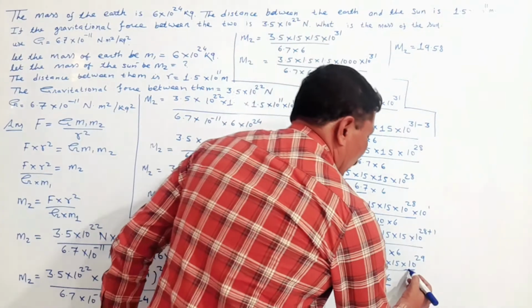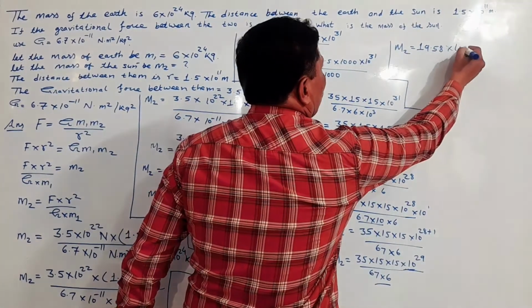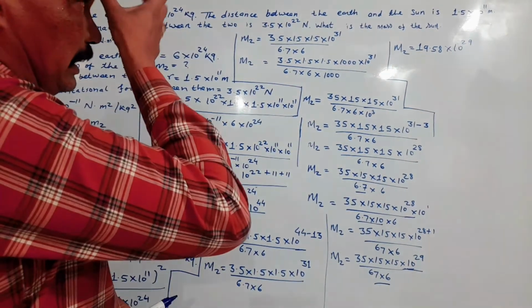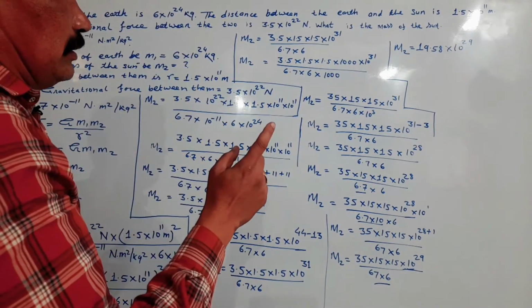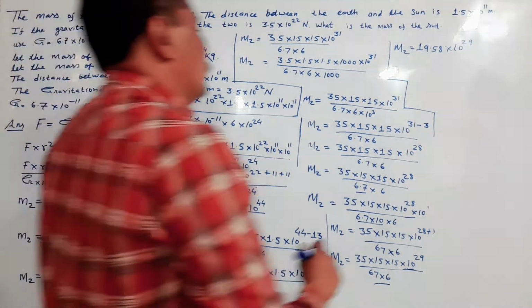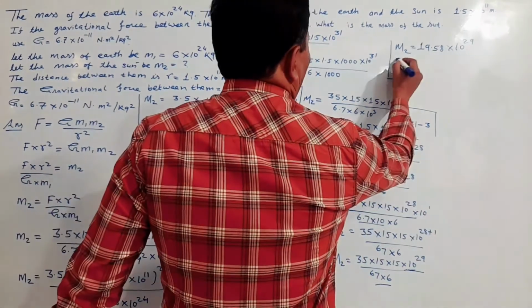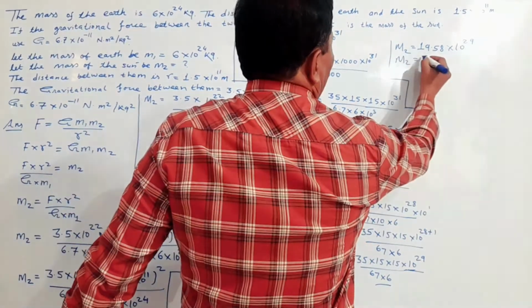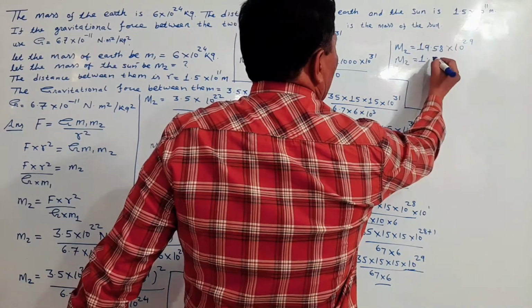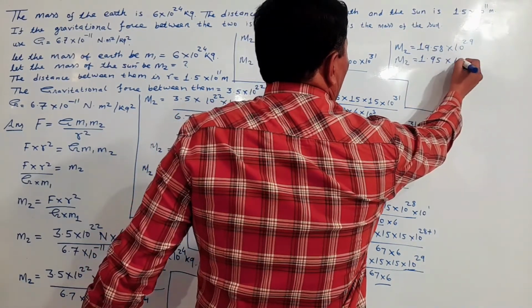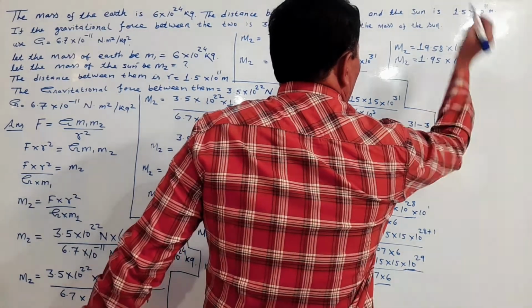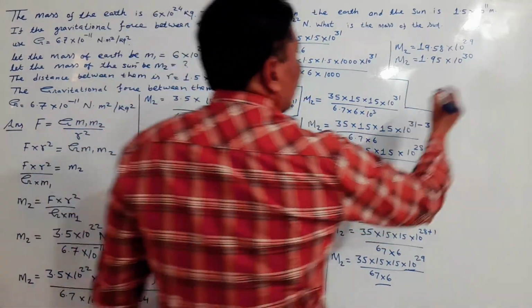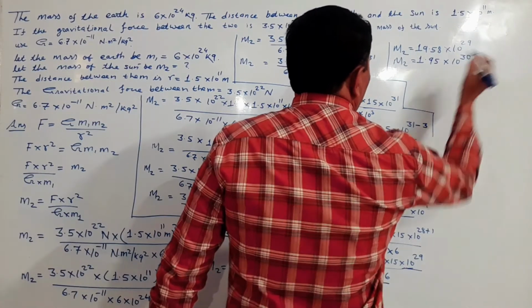19.58, and 10 to the power 29 as it is. But my dear student, we want the answer in 1 point, and therefore we have to shift the point towards the left side, and in order to do this we will shift 1 point towards the left side, and then our answer will be 1.95 into 10 to the power 30, and it is the mass of the sun and the unit will be kg.